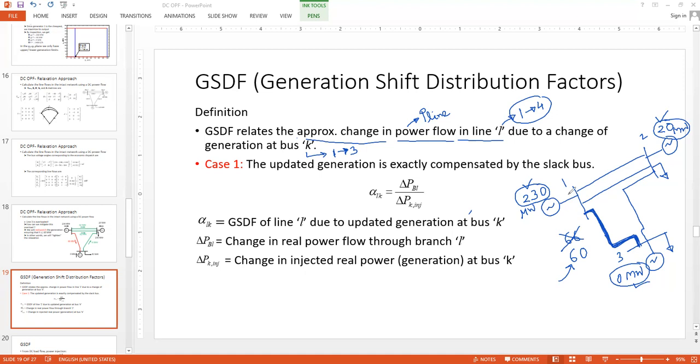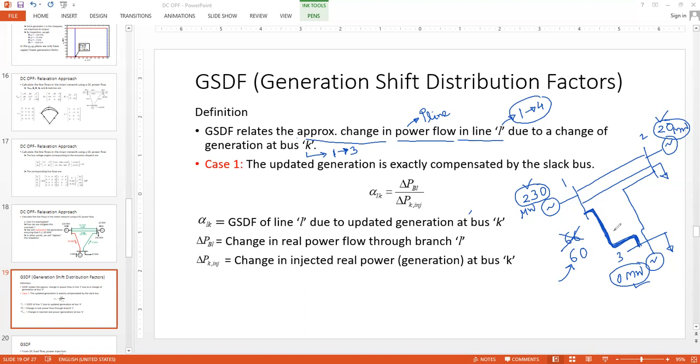So this will link injection at bus 1 with the real power flow in line 3, or injection at bus 2 with the flow in line 3, or injection from generation at bus 3 with the line flow along line 3.